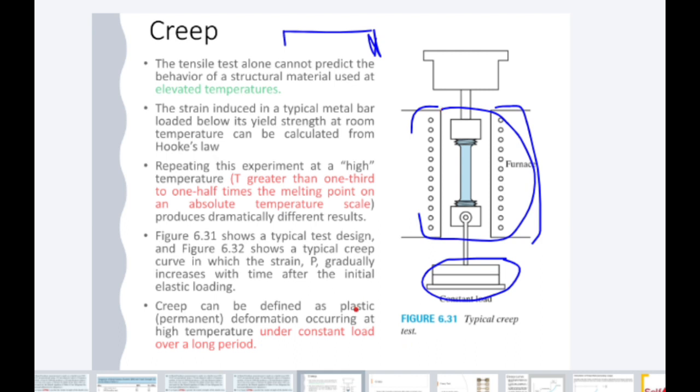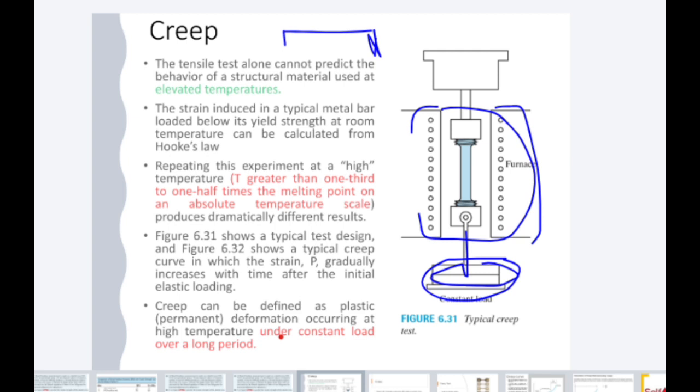You have to do it at high temperature, depending on the specimen or the application of the material where you will use it. So we have the specimen, we have the temperature environment, and then we apply a constant load to the specimen, and we see how much deformation there will be. So creep can be defined as the plastic deformation occurring at high temperature under constant load over a long period of time. Now in the lab video, I have explained again and again that it is a constant load.